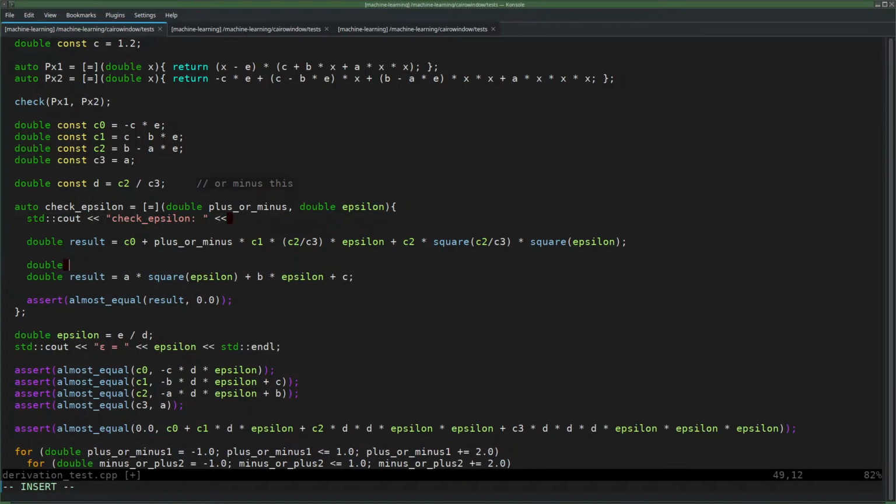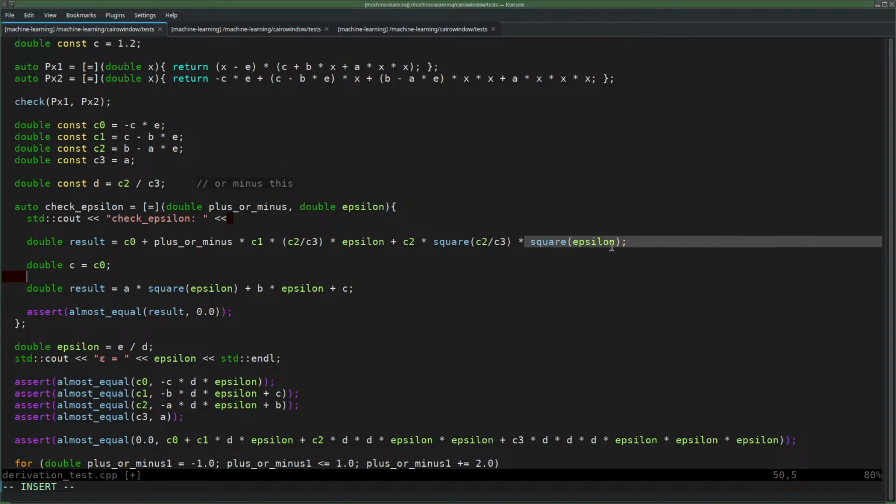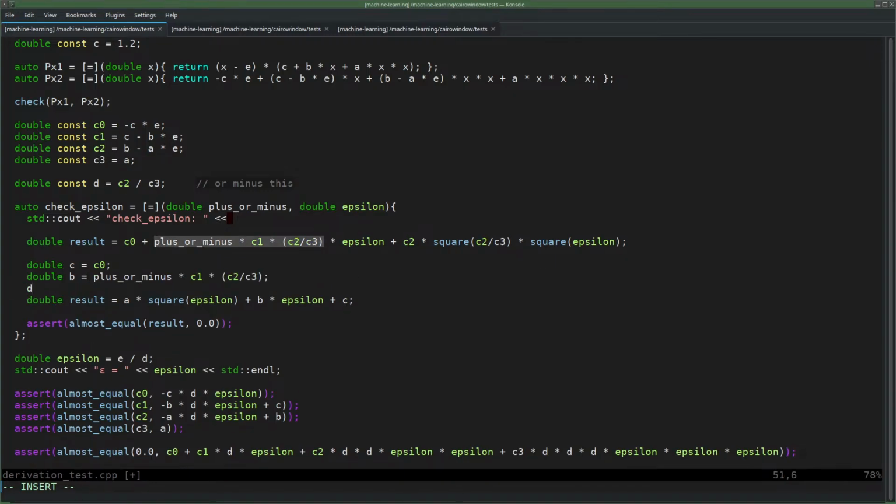So that means that c equals c0, that's the constant. This is times the square, this is times epsilon, yeah. And b equals the coefficient of epsilon, so that would be this part. And a is then the coefficient of the square, so that would be this part.